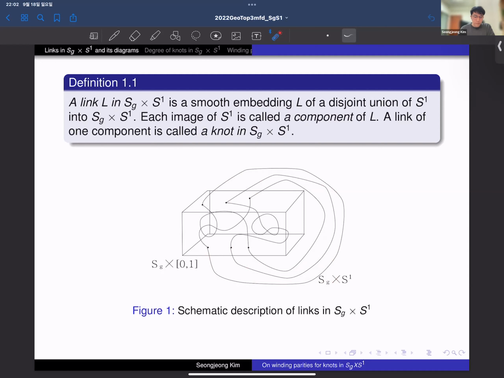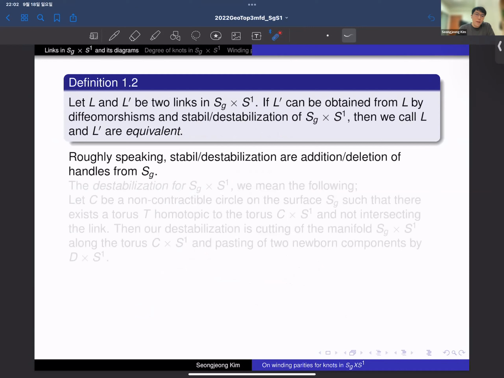Two links in surface times S1 are equivalent if one of them can be obtained from the other by a finite sequence of diffeomorphisms and stabilizations and destabilizations. Here, stabilizations and destabilizations are, roughly speaking, addition and deletion of handles from the surface.